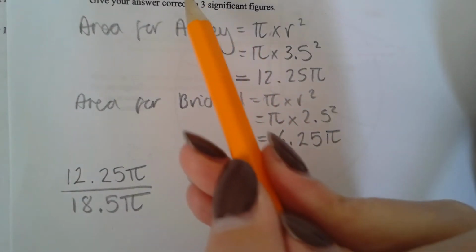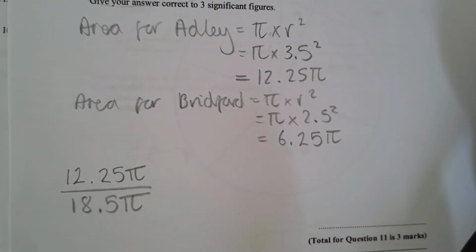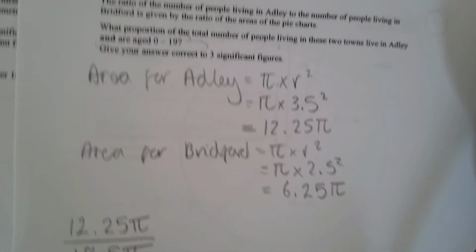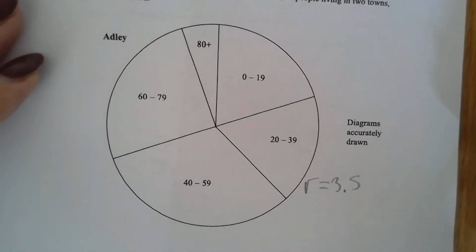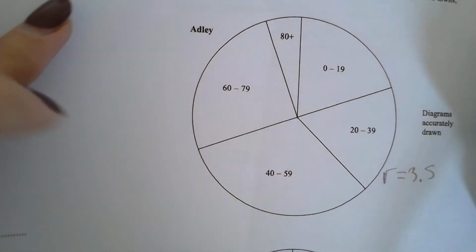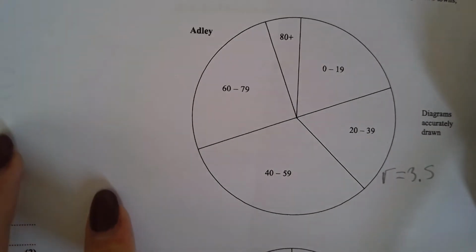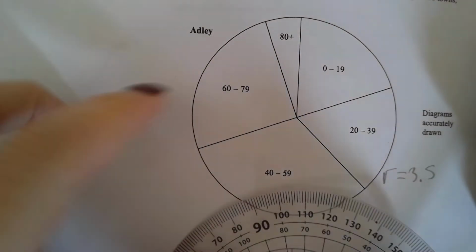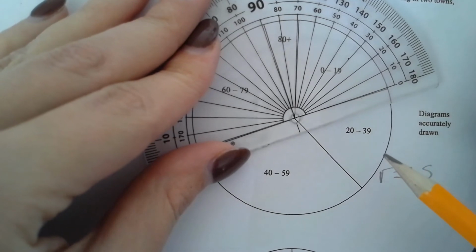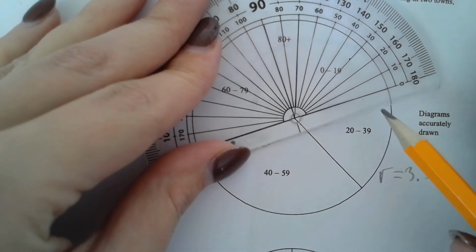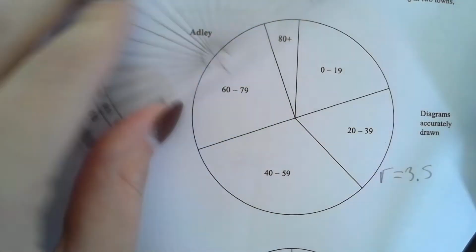But then the question also says and are aged 0 to 19. So we're going to put back 0 to 19 on this. So Adley and are aged 0 to 19. Well, the proportion of the pie chart that 0 to 19 takes up is 70 degrees.